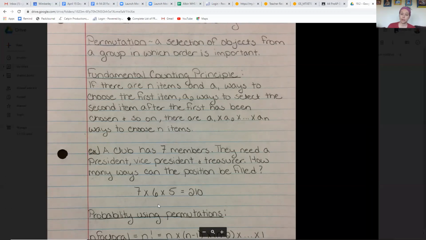And then once that person is removed, then we have president and vice president gone, which means we only have 5 members left to choose from. So when we multiply 7 times 6 times 5, we get 210. So there's 210 possible ways that the 7 members of this club can fill the spaces of president, vice president, or treasurer.